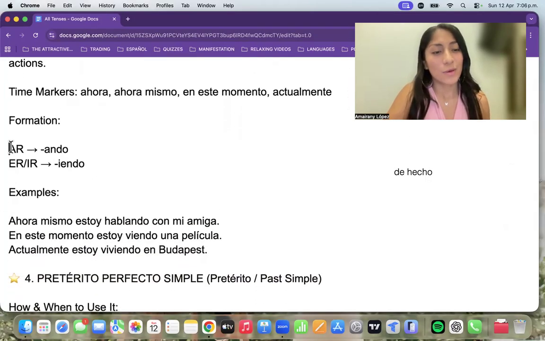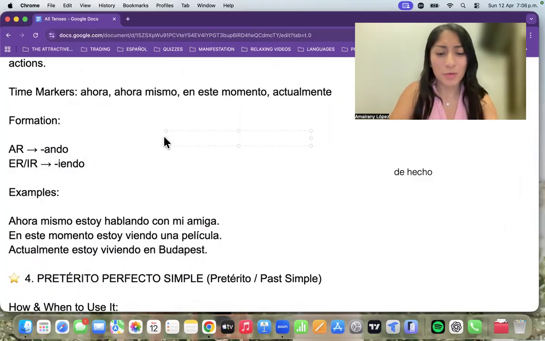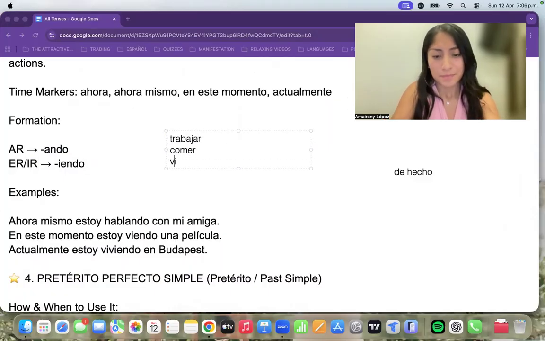Now, how do we create this? Okay, so if you have an ar ending verb, you're gonna add an ando. And if you have an er ending verb, ir ending verb, we have the same ending, which is yendo. Okay, so let's go back to the verbs that we've been working with. Trabajar, comer, and vivir. And we also have reflexive verbs.